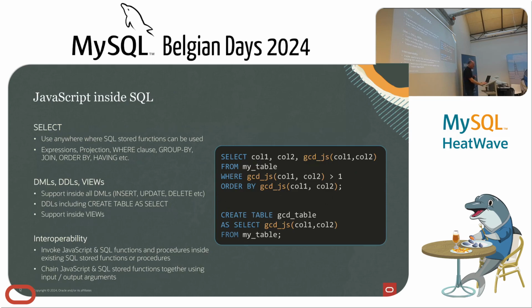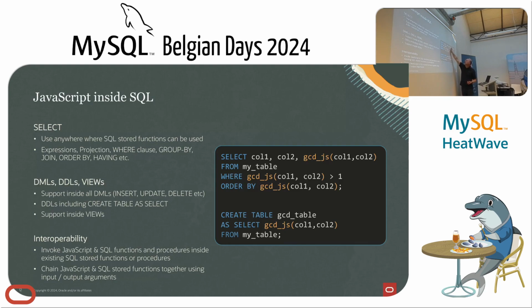Okay, yeah. Is it also allowed to let functions call functions? Yes. But you have to distinguish between different types of function here, because this is a SQL function that executes JavaScript.